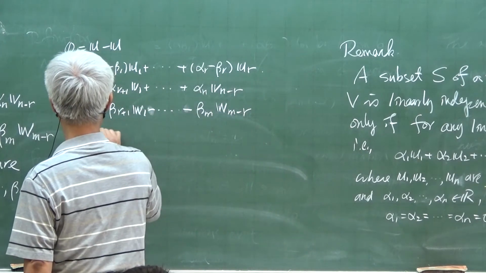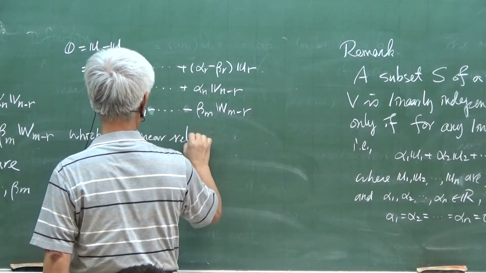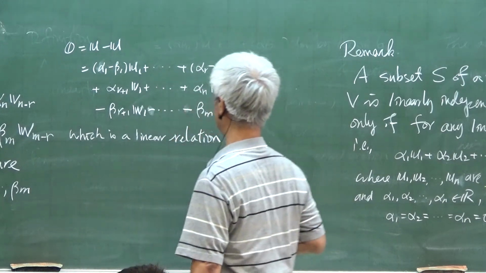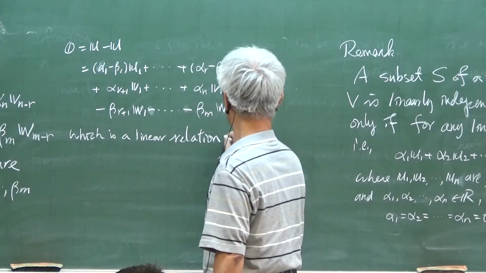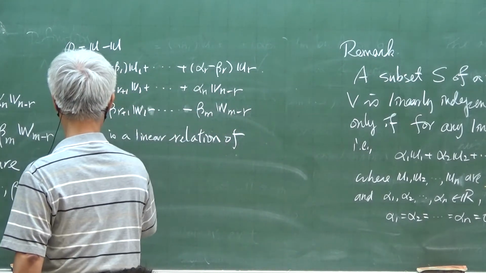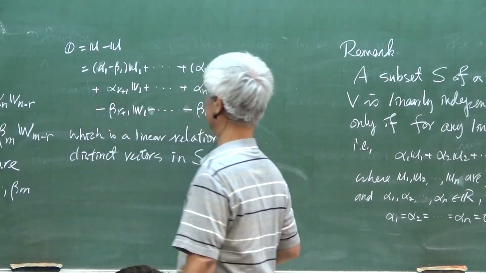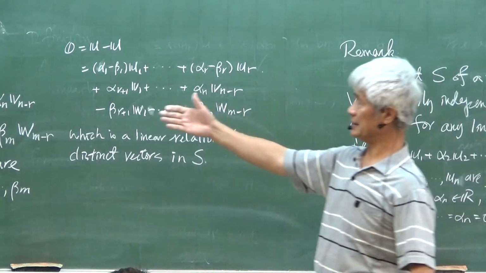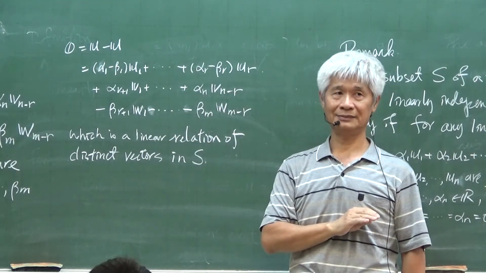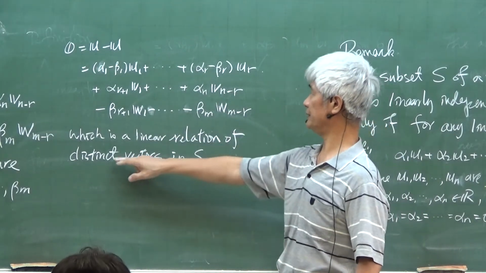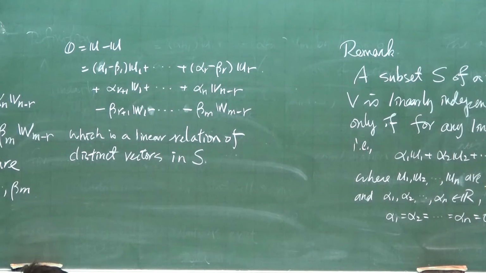Which is a linear relation, right? A linear relation of distinct vectors in S. So from the subtraction, I obtain a linear relation of distinct vectors in S. But S is a linearly independent set.